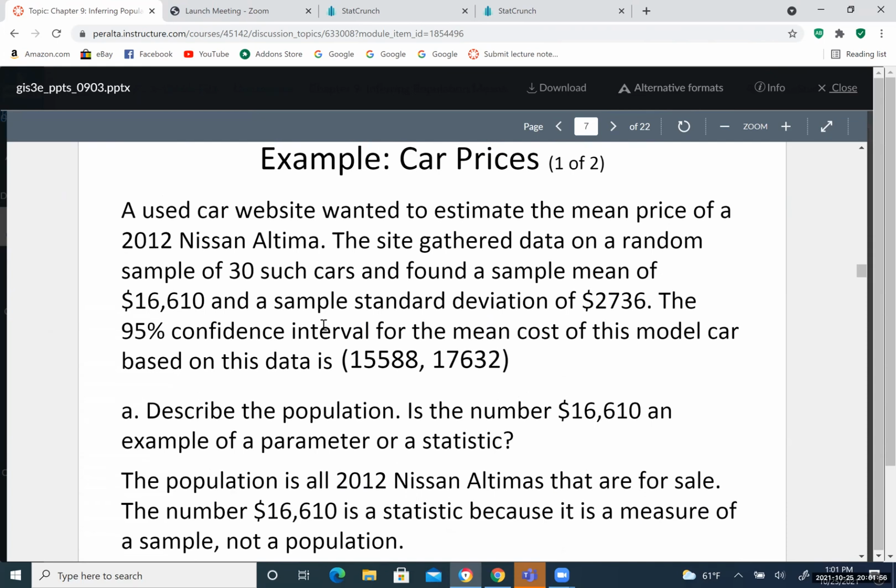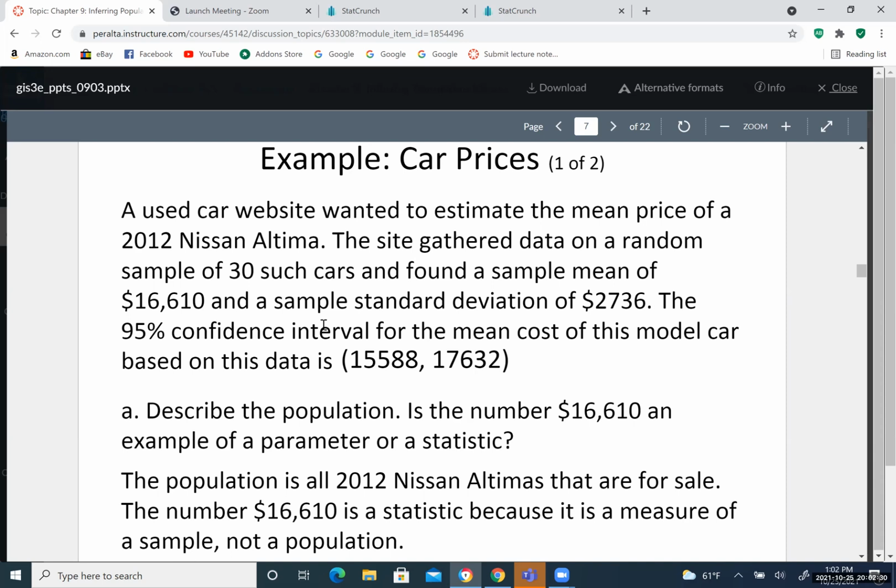A used car website wanted to estimate the mean price of a 2012 Nissan Altima. The site gathered data on a random sample of 30 such cars and found a sample mean, we call x bar, of 16,610 and a sample standard deviation, which is s, of 2,736.